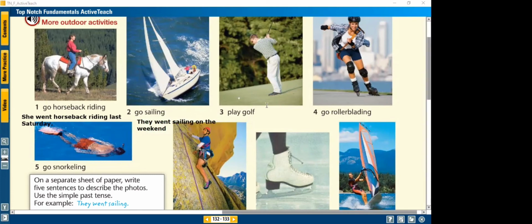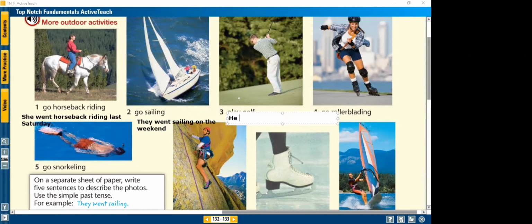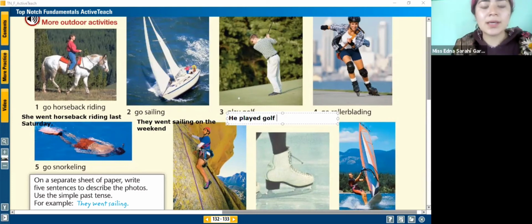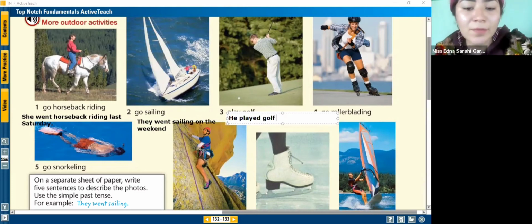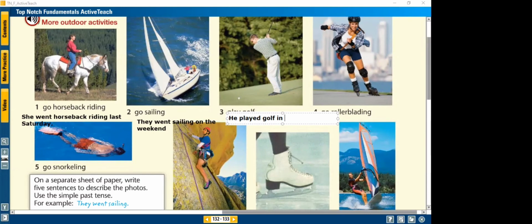He played golf. He played golf, in past. Can you please tell me a complement of place? He played golf in? For example, we can say in the field or in the golf field.